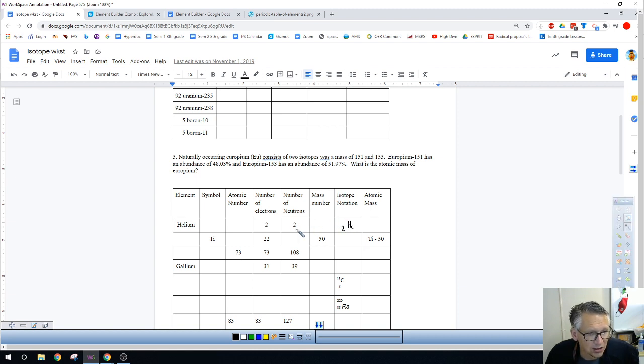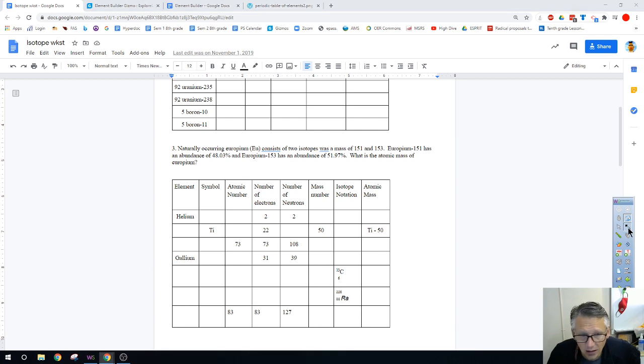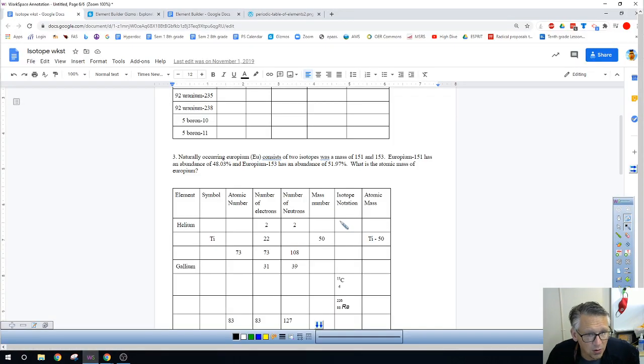Since it has 2 neutrons and 2 electrons, that means it should have 2 protons also. So it is going to have a mass of 4. Because you're typing this out, let's do it typing wise: He-4. And the atomic mass will be 4.